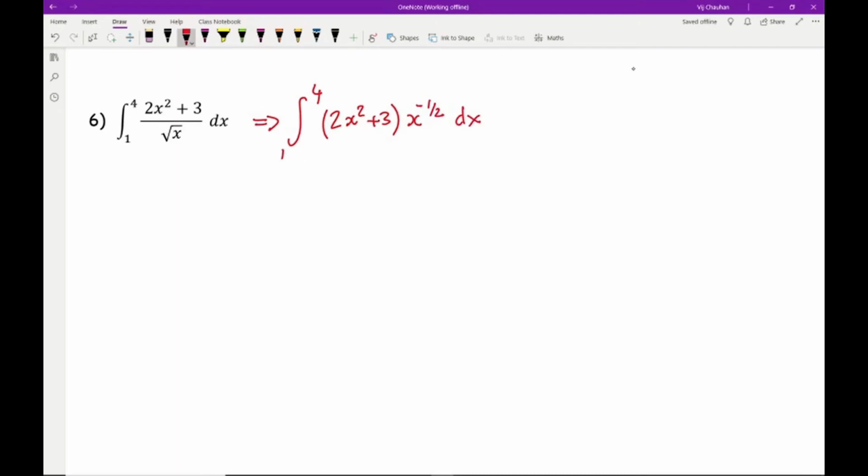So from this, what I've done is I've converted this fraction, put the numerator in brackets, and then rewritten the square root of x as x to the power of a half, and because I've got a fraction, that's where the minus comes from. Now from this, I want to expand the brackets out, so I've got 4 and 1.